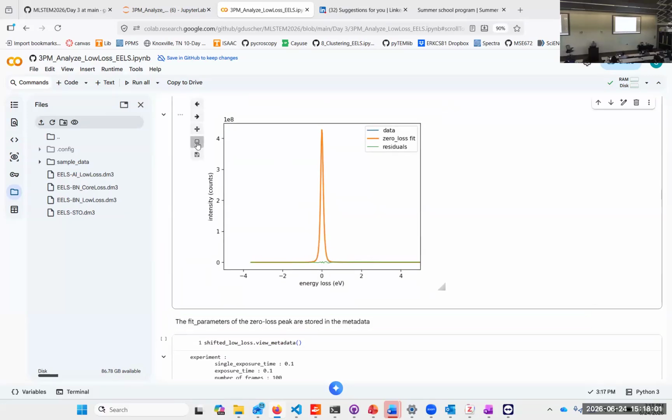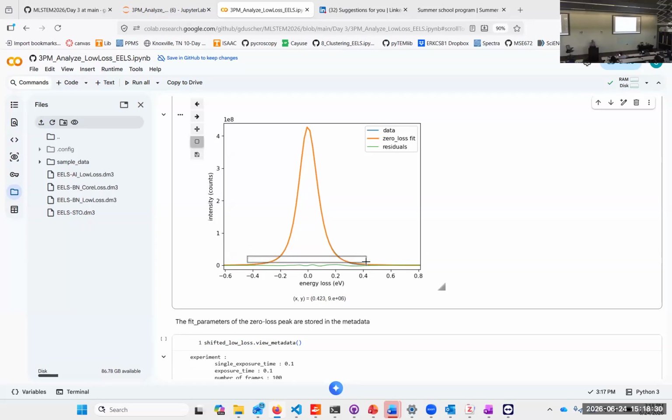And this is my representation of the zero loss peak. And that is a multiplication of two Lorentzians. I wanted to convolute them, but I forgot to do the back Fourier transform, and then it turned out it is perfect as far as we can see.